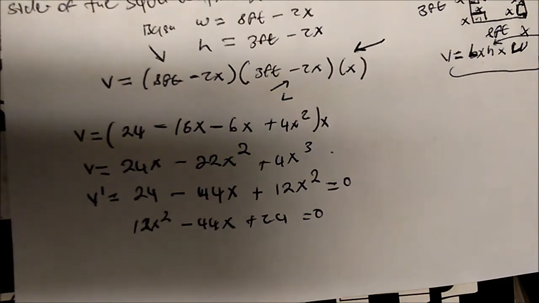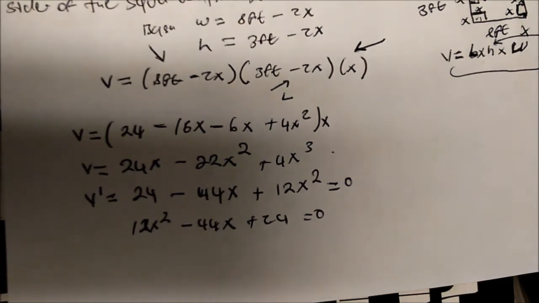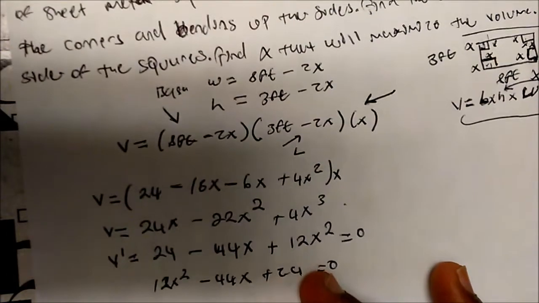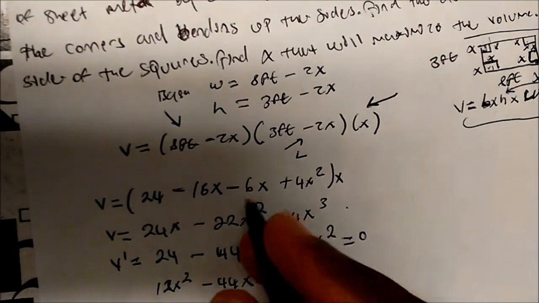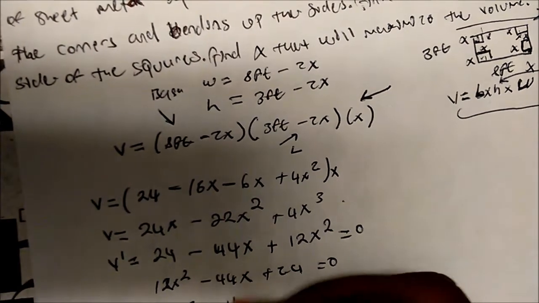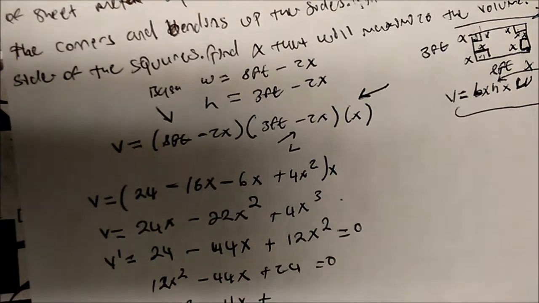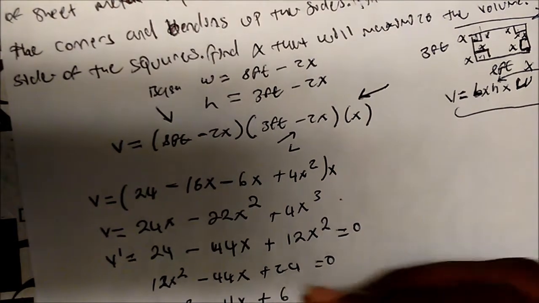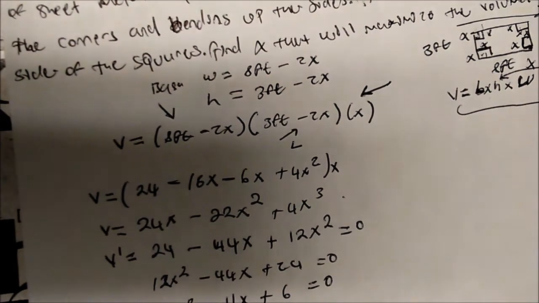Now here, you could see that I could possibly simplify everything by 4. So this will be 3x squared minus 11x plus, well, 24 divided by 4 is just 6, and that's going to equal 0. Now we could possibly factor, right?